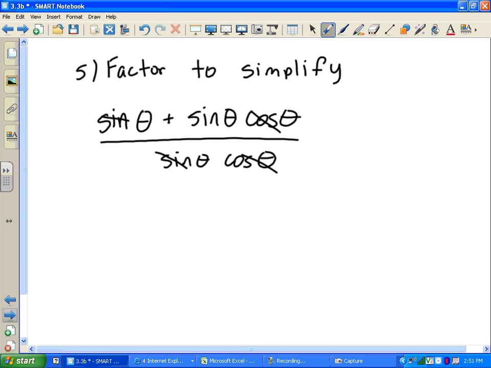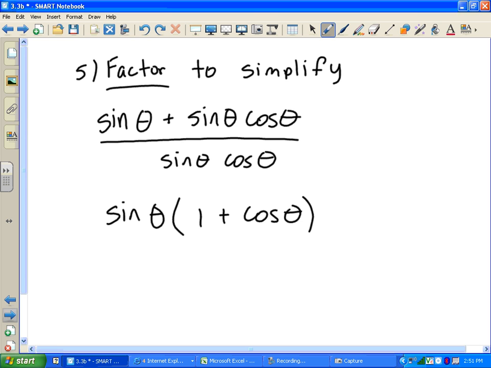You remember the idea of canceling here. If I'm going to cancel something out, the operation has to be multiplication, so I can't do that. Now, the way I can make it into multiplication is by factoring though. So notice in the numerator here, I could factor out a sine theta. So that will give me sine theta times 1 plus cosine theta over sine theta cosine theta.